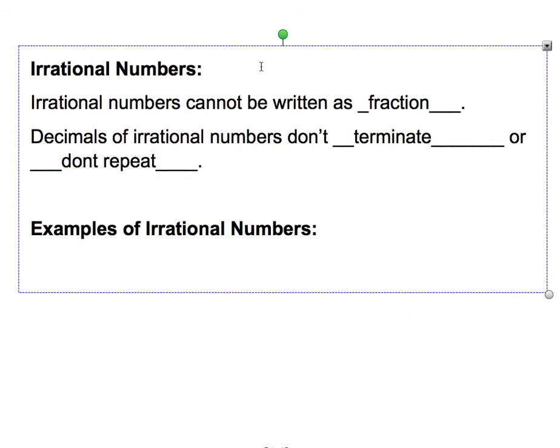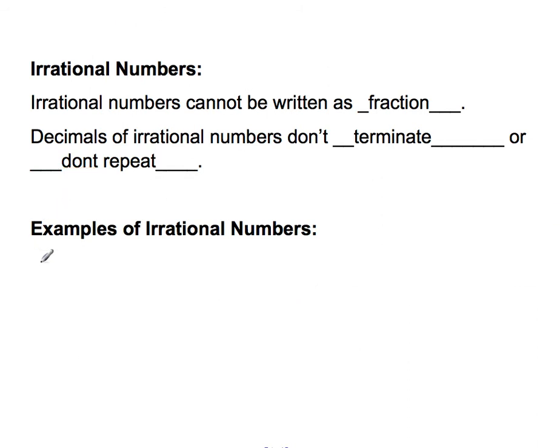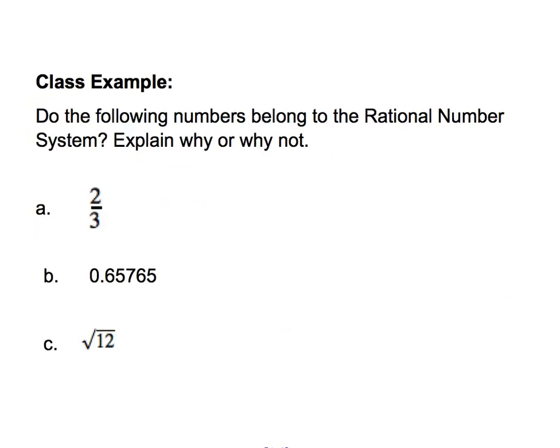An example of an irrational number, the most popular one that we know, is pi. But irrational numbers are also formed from the square roots of non-perfect squares. So the square root of 23, the square root of 5, and I can put a negative in front of it. That still gives me an irrational number because it's just going to give me a negative decimal. Those are all examples of irrational numbers.